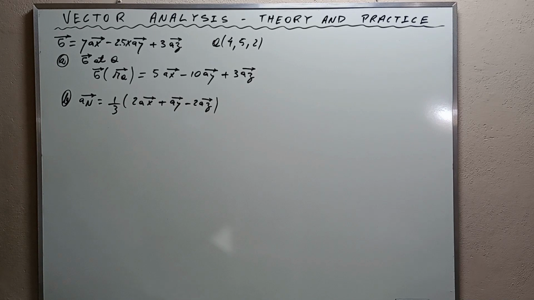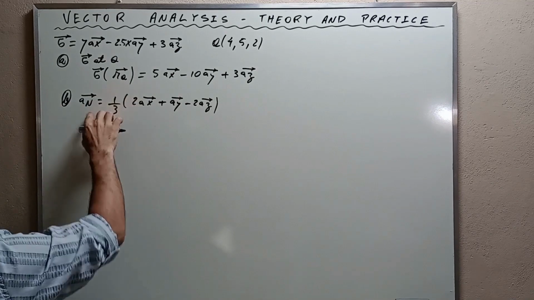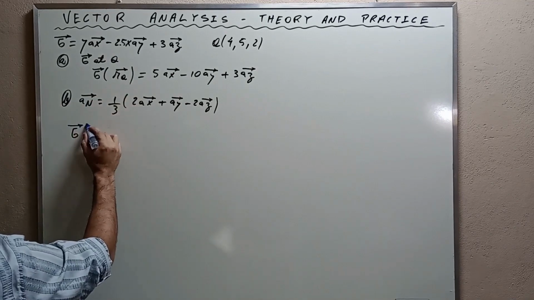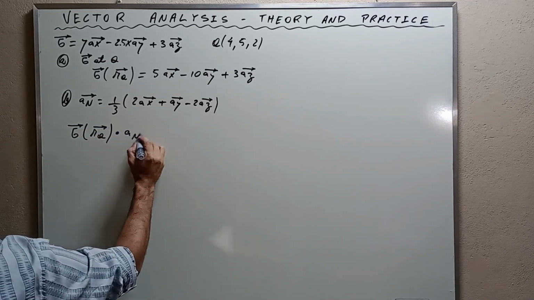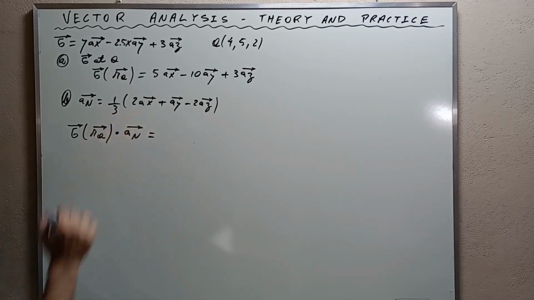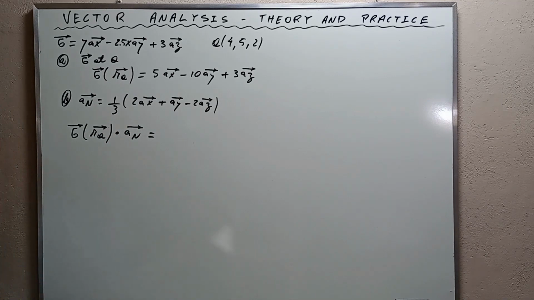And to find the scalar component of G at Q in the direction of this unit vector, we use the dot product, okay? In a similar way as I did here, it is going to be the dot product between this G at Q and this unit vector here. So we are going to simply multiply them, but not a simple multiplication.